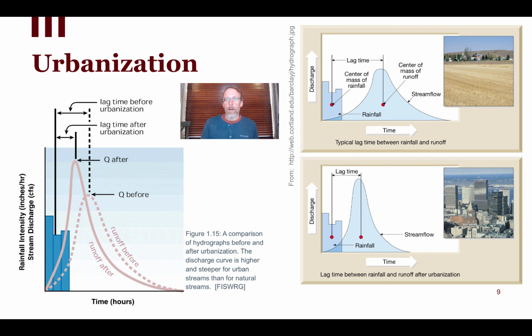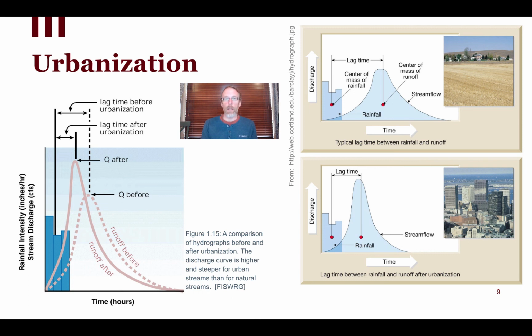When we think about what causes recurrence intervals to change, climate is one thing, and certainly changing climates are affecting recurrence intervals in many of our streams. The other major factor in many watersheds that's resulted in changes to the watershed factors that have affected recurrence intervals is the urbanization of watersheds.